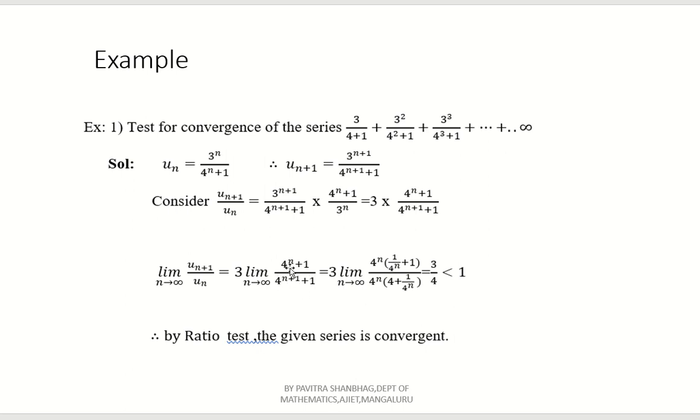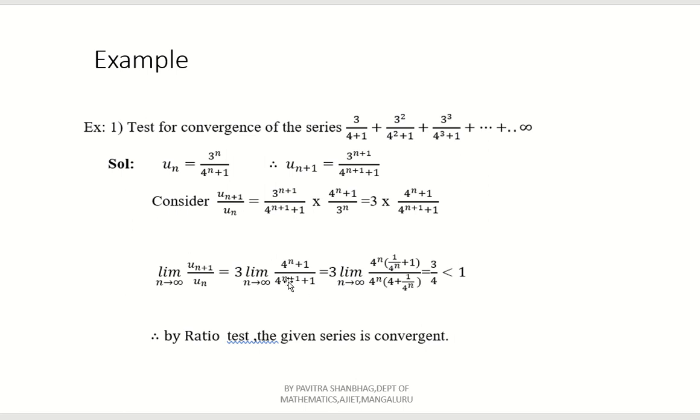So to avoid that, we are taking 4 power n common outside. Now if you keep 4 power n outside, what remains here? 1 remains. 1 plus 1 by 4 power n. That only we have written. Similarly, 4 power n plus 1 can be written as 4 power n into 4 power 1 plus 1 here.